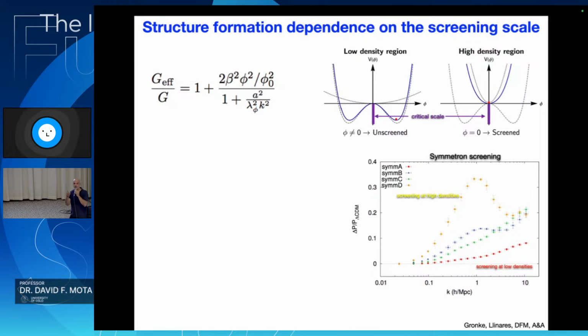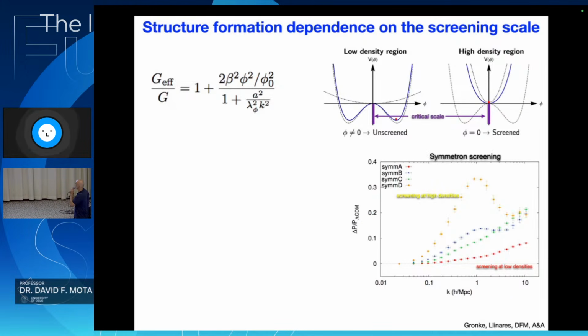That means my fifth force is active for a very long time in my universe. If my threshold scale is very low, that means my symmetron is basically screened almost everywhere in the universe. If my force barely exists anywhere in the universe, then my deviations from lambda CDM are very small.